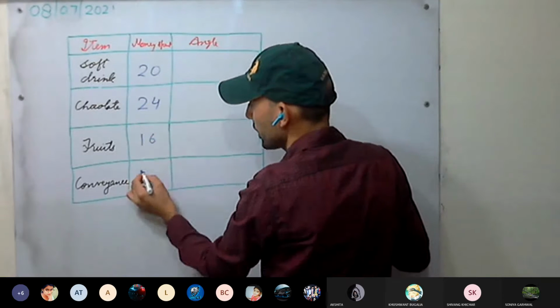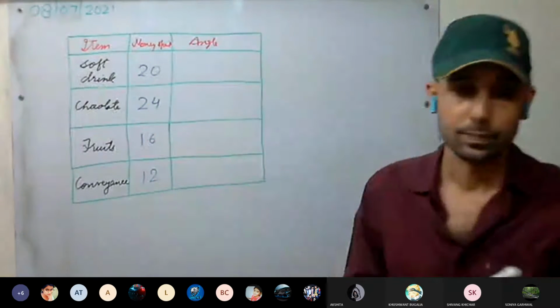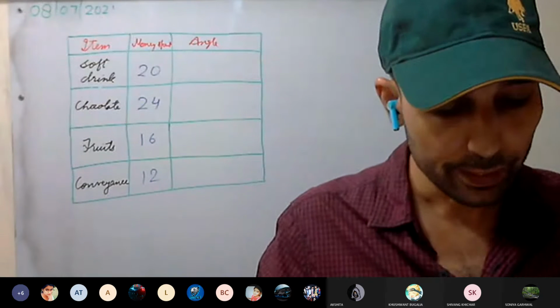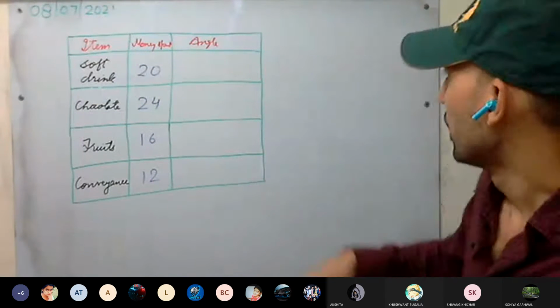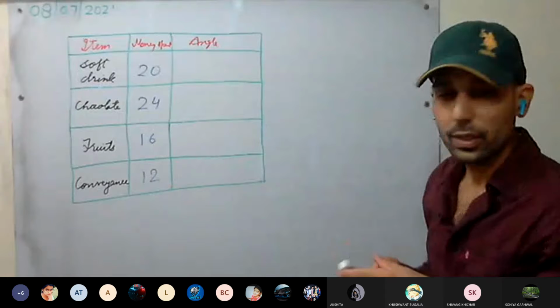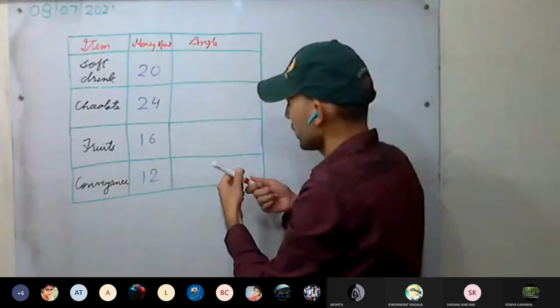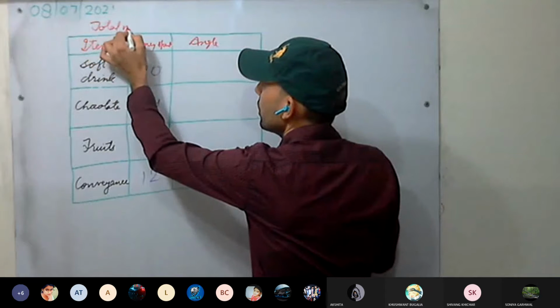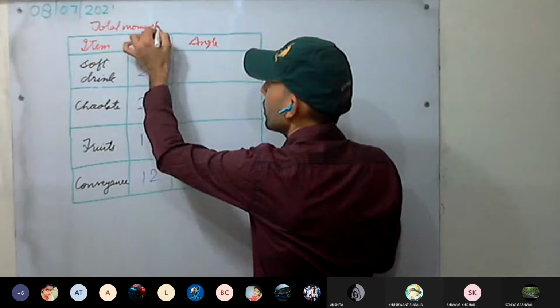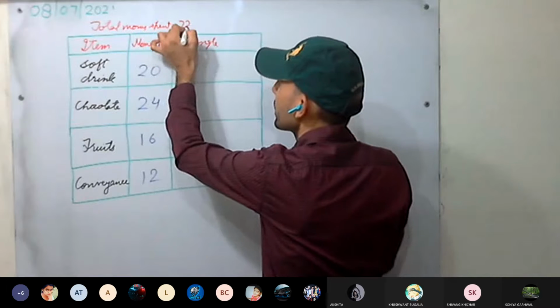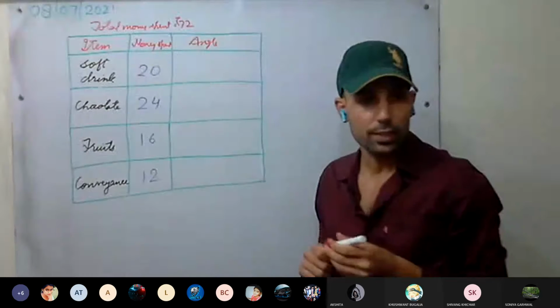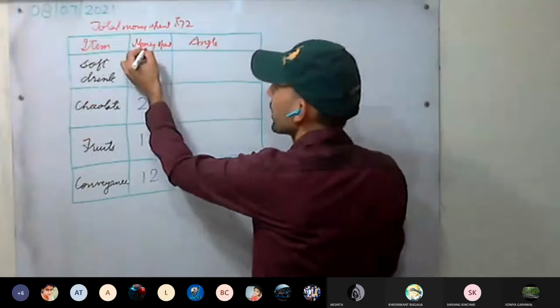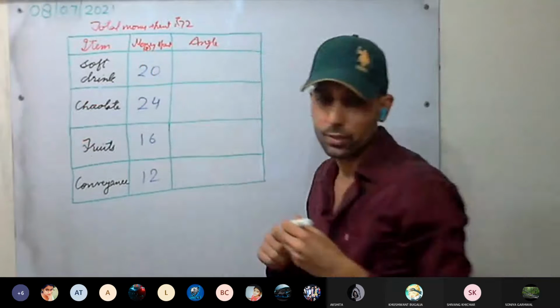So we have to do the pie chart of this. We'll find the angle first. Total money spent is, or the money he was having was rupees 72. This is the total he was having. Here you can write rupees in brackets.